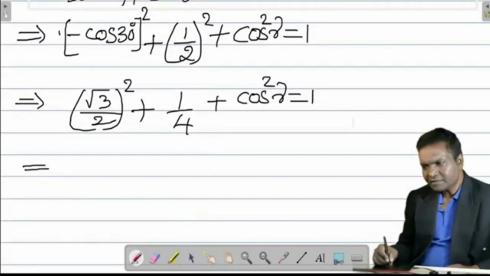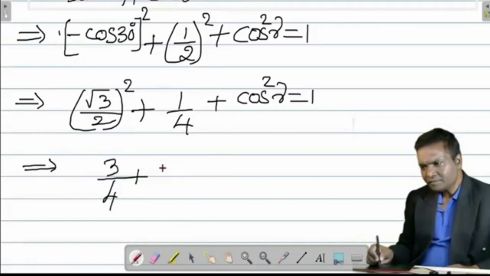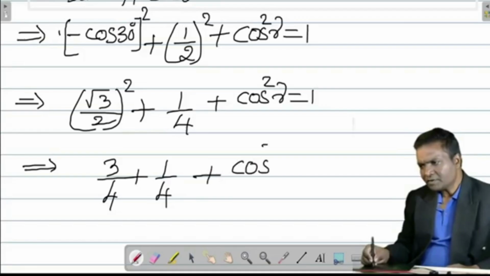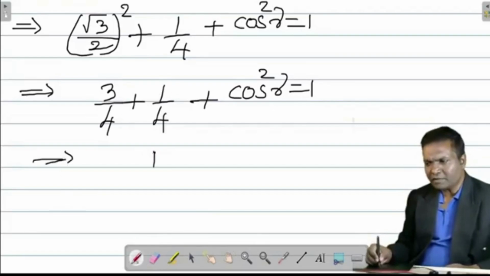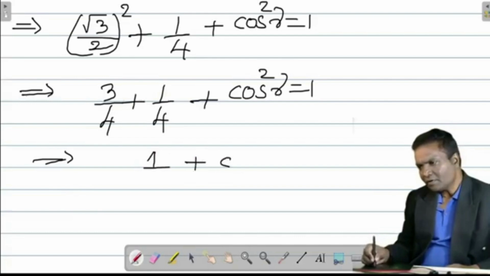What will you get? This will be 3 by 4 plus 1 by 4 plus cos square gamma equals 1. So 3 by 4 plus 1 by 4 is 1, plus cos square gamma equals 1.